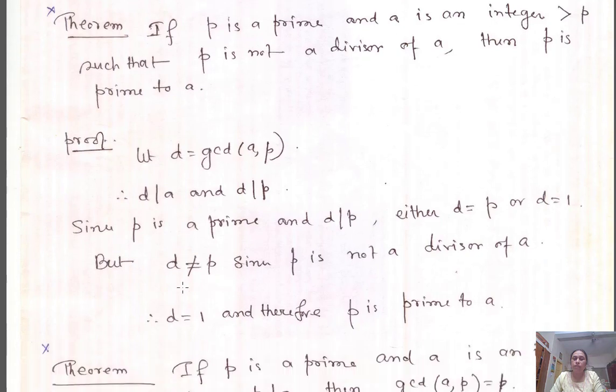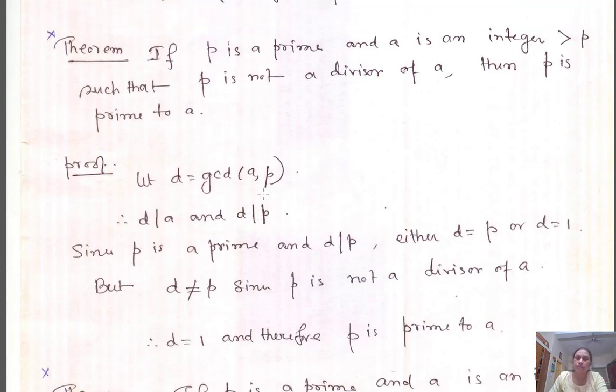This also you can prove very easily. Suppose the GCD of P and A is D. So D divides A, D divides P. Now P is a prime, D divides P, so D is either P or 1.